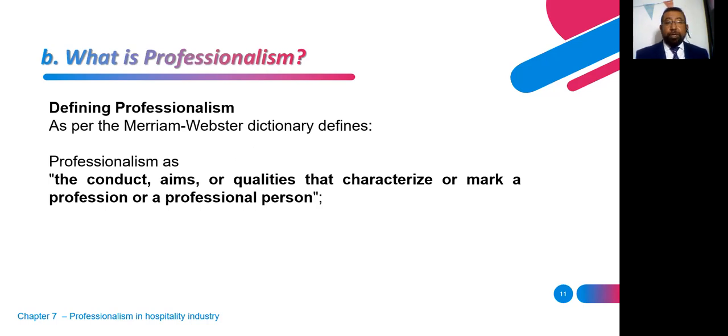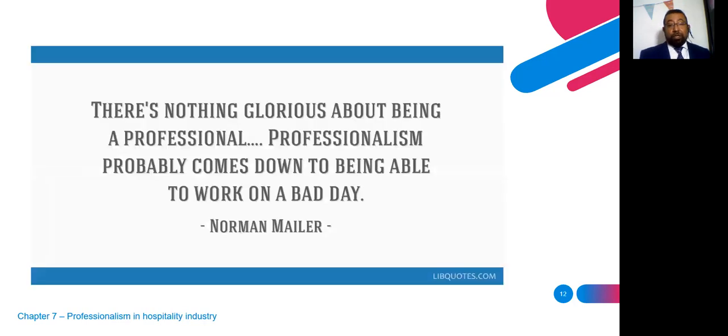As per Merriam-Webster, professionalism is the conduct, aims, or qualities that characterize or mark a profession or a professional person. That's the definition. Well, we can search out the definition and get an idea. There's nothing glorious about being a professional.